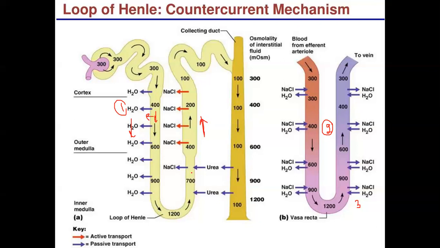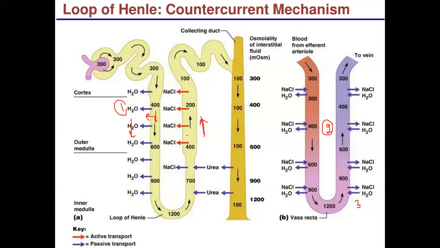When it is moving up in the ascending limb, the ascending limb is impermeable to water but permeable to salt. First, this salt will come out by passive transport, but later in the thick limb of the ascending limb, salt comes out by active transport.